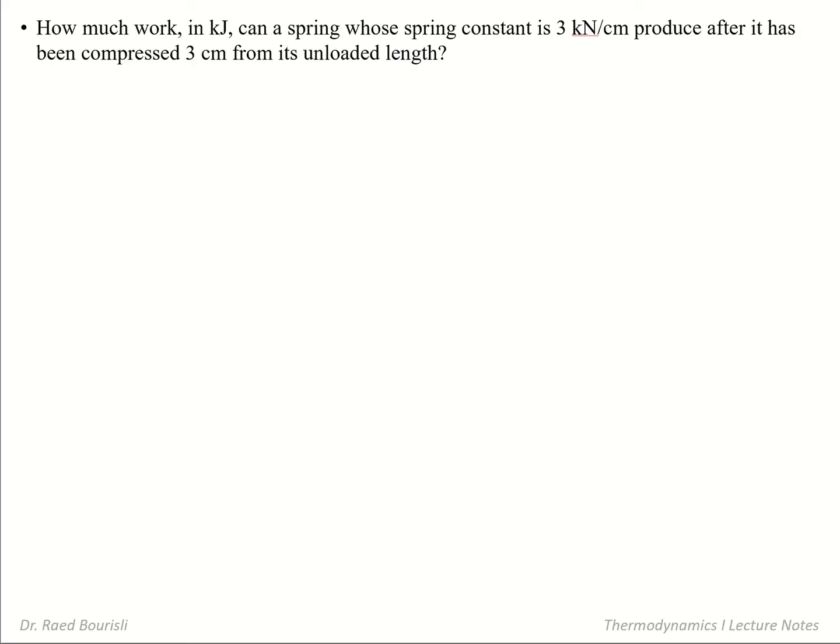Next, you have a question about how much work in kilojoules a spring whose spring constant is 3 kilonewtons per centimeter can produce after it has been compressed 3 centimeters from its unloaded length. So if you have x0 and x1, make sure that x0 is 0. If you want to compute not the force but the work, pay attention to units.